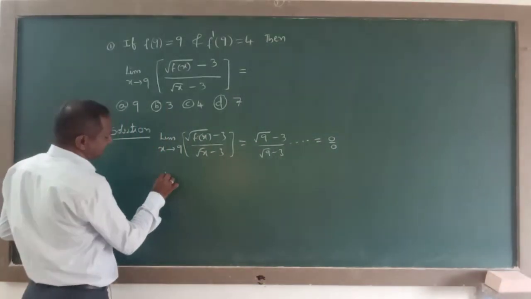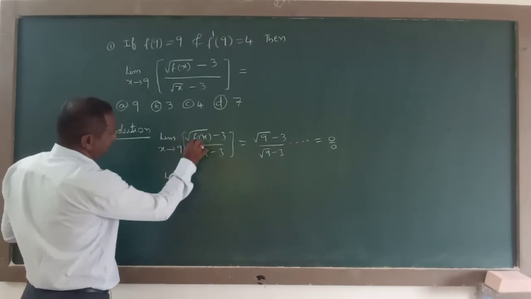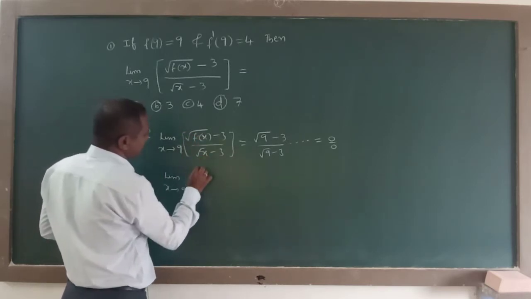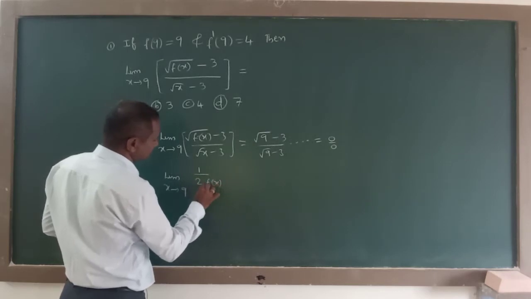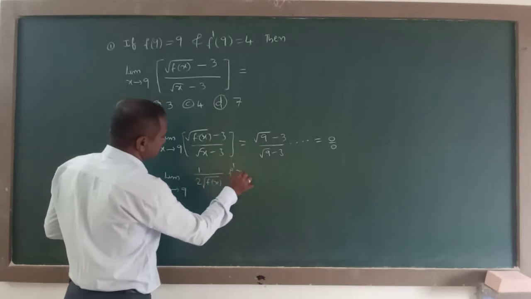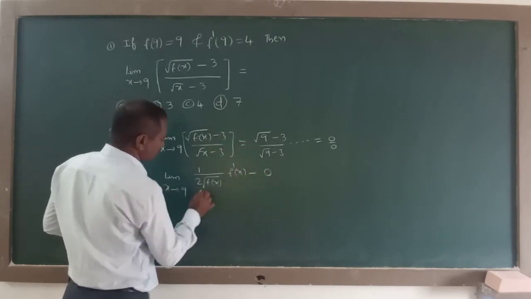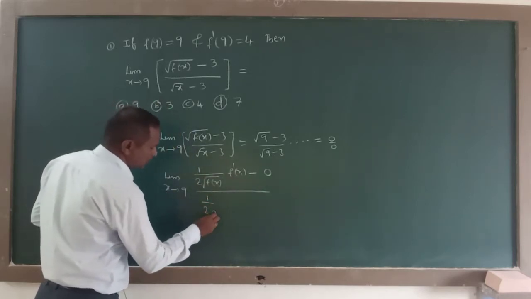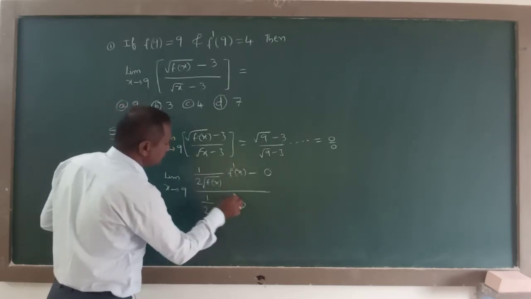Limit x tending to 9. Differentiation of square root of f of x is 1 by 2 root of f of x, and again the differentiation of f of x is f dash of x. The derivative of the independent constant is 0, whole divided by the differentiation of root x, which is 1 by 2 root x, minus the derivative of the independent constant, which is 0.